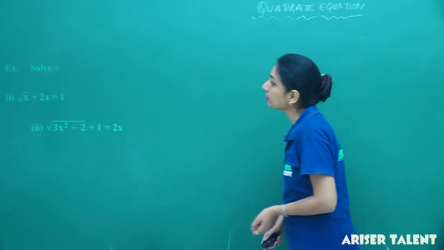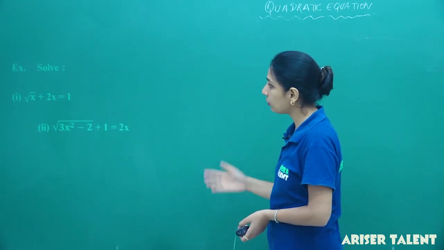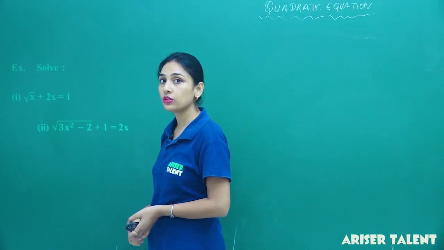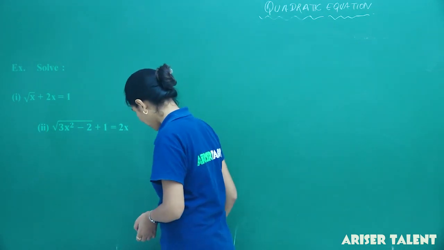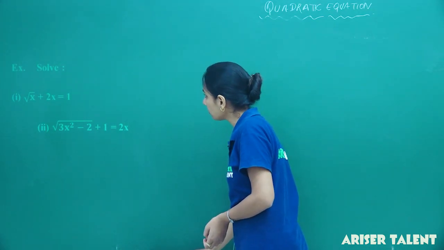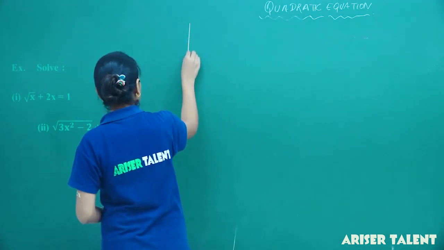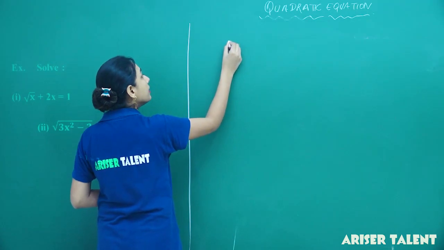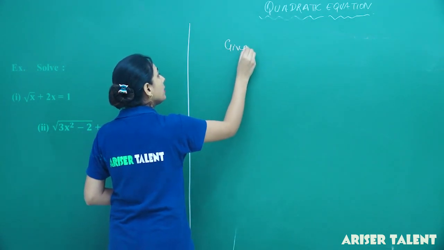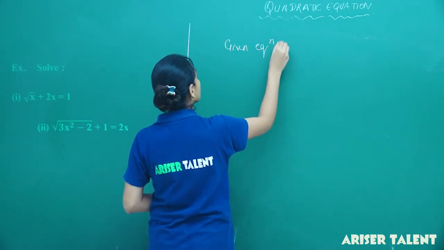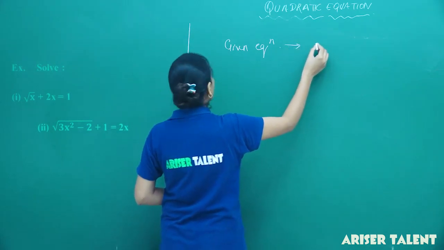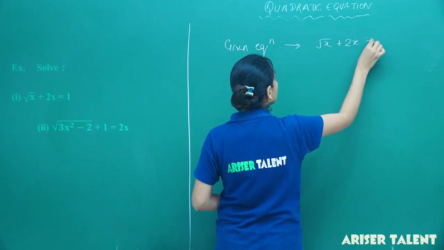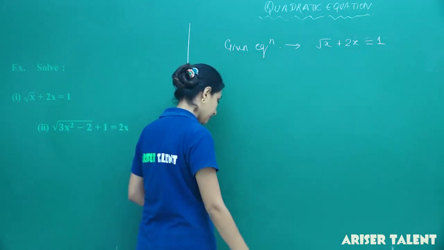Okay. Solve this. These are two questions. Root x plus 2x equals to 1. Okay, so this is the given equation: root x plus 2x equals to 1.